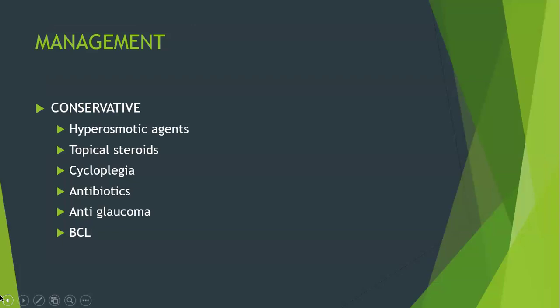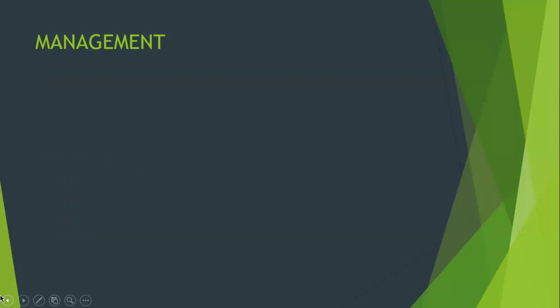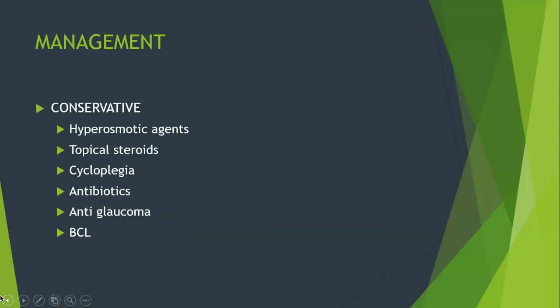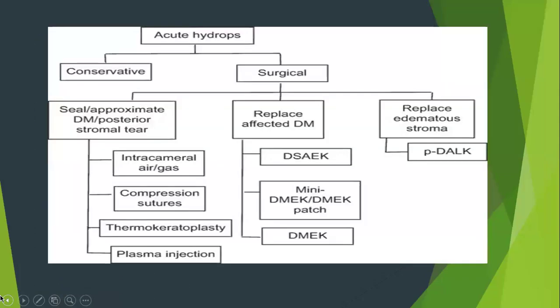You can look, that totally depends on you. Obviously, in any treatment, before you embark on some surgical treatment, you have to go for conservative treatment. However, if your OCT shows that Descemet is totally displaced, like there is no hope for that, then you have to go for surgical. So start conservative treatment, put air or gas. That is the least we can do, and do see the response.